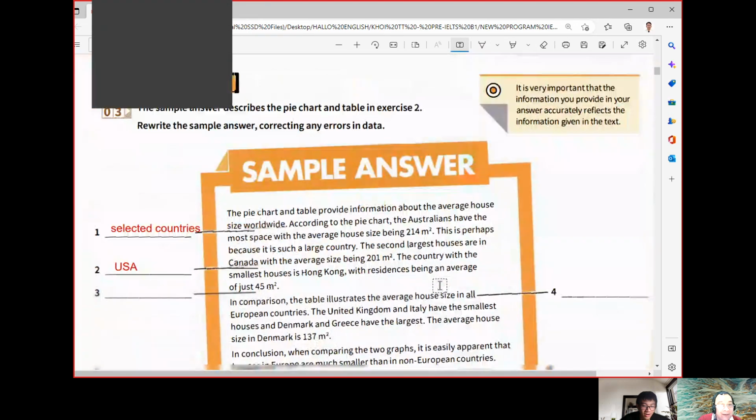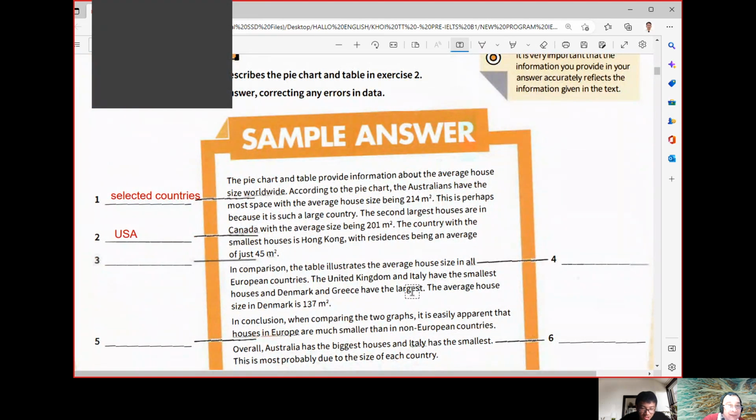What is the grammatical structure of "with residences being an average of just 45 square meters"? Why do we use "with residences" plus "being"? Why do we need to use "being"?